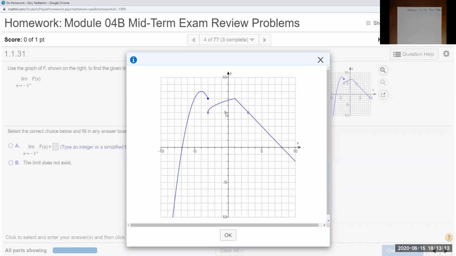Now, in the previous problems, when we were looking at a limit, we had to go from the left and the right. But by them putting this little plus sign here, they're saying all we care about is the limit as you approach it from the right side. We're not going to look at both sides for this problem, only from the right side. So as x approaches -3 from the right side, the function is 5.